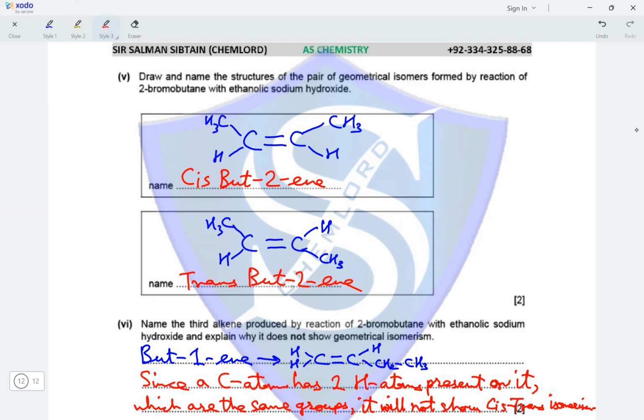Since the carbon atom in but-1-ene on the left has two hydrogen atoms attached to it, it does not meet the requirement for cis-trans isomerism.